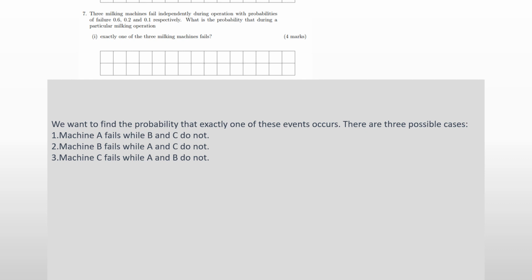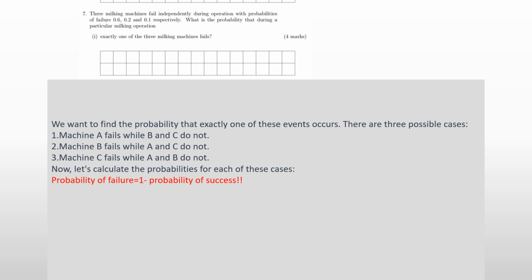Again, just to remind you, we have to calculate the probabilities of those three scenarios and add them up. Also, if I know the probability of failure, I also know the probability of success, because the total has to be 1. You either succeed or you fail. In this case, the machine is either working or it's not. So if A fails 60% of the time, or 0.6, that means it's operational 40% of the time.